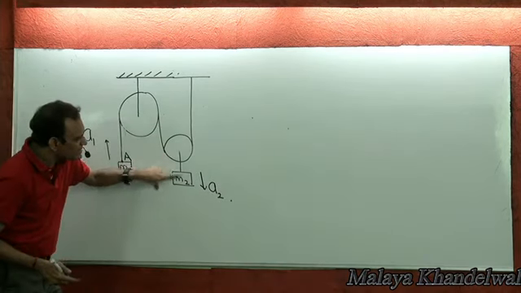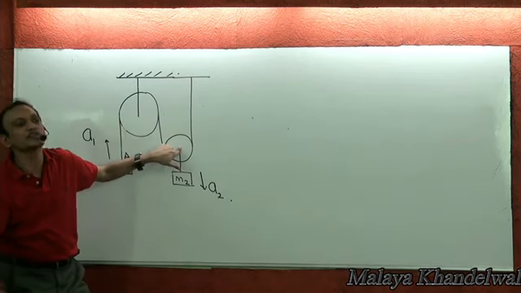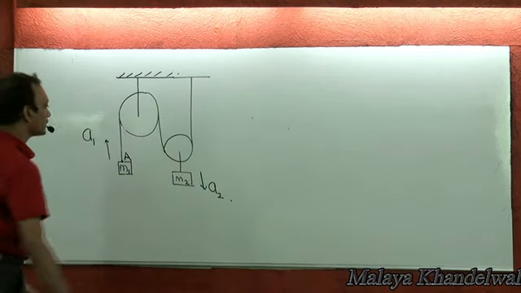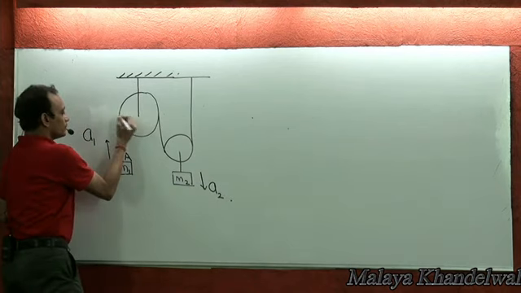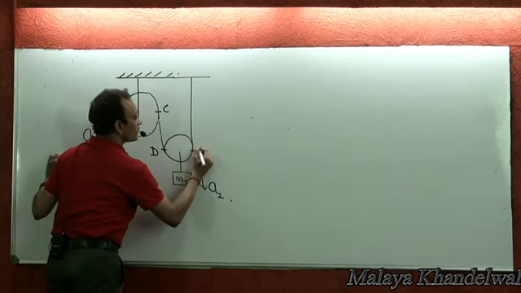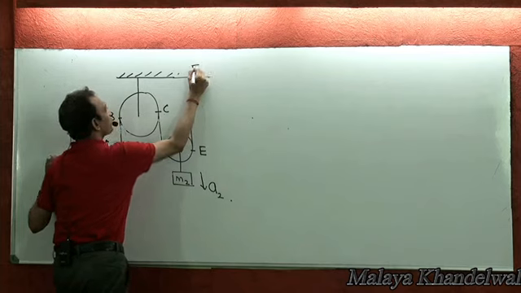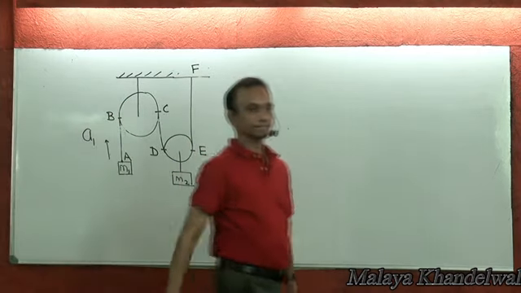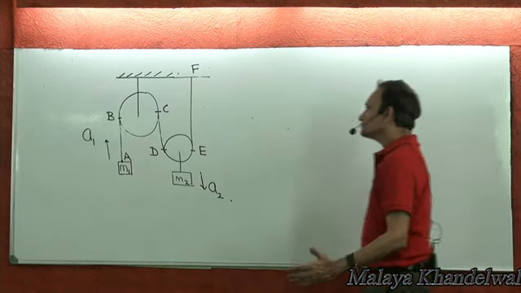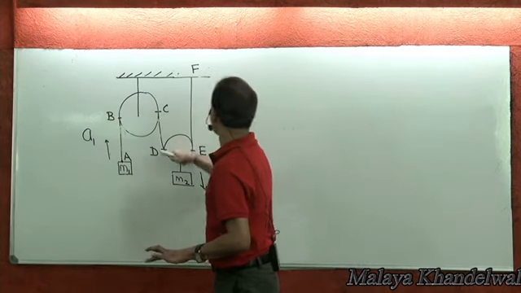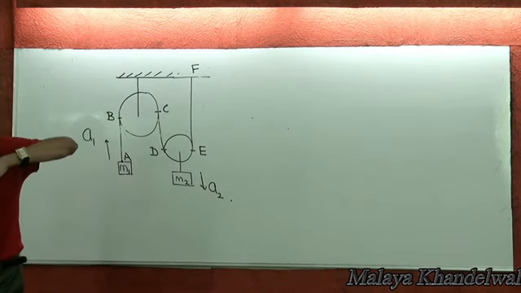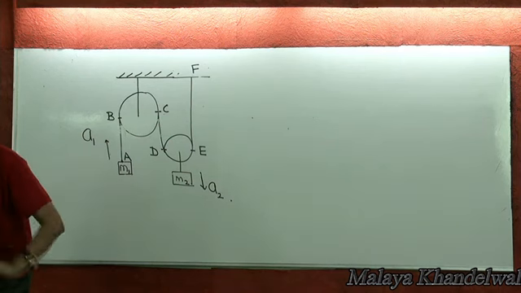That means this mass is integral with the pulley, so this pulley also has an acceleration a2 downwards, yes or no? This pulley will also have an acceleration a2 downwards, right? Okay. This is B, this is C, this is D, this is E, this is F. Right? Now, these are my nodes. B, C, D, E, F are my nodes. I want to be able to deploy the string constraint equation for these nodes. So, first of all, I must assign acceleration values to these nodes.